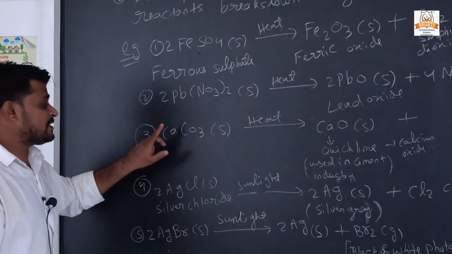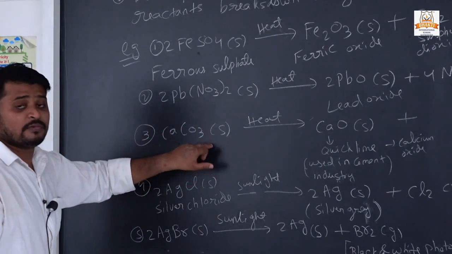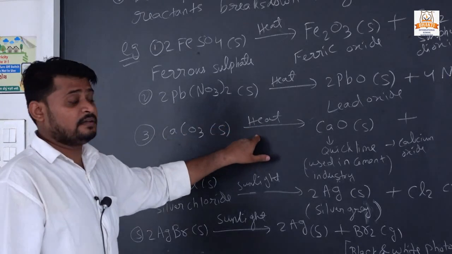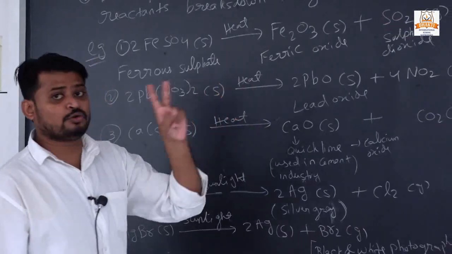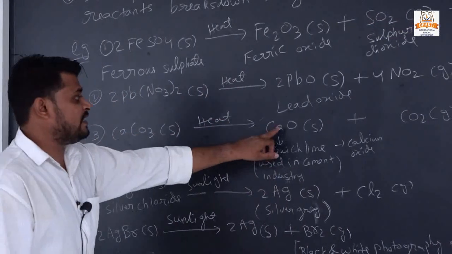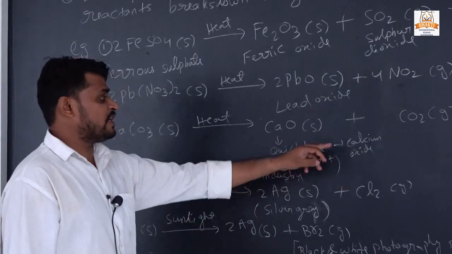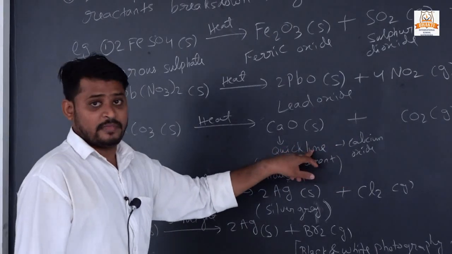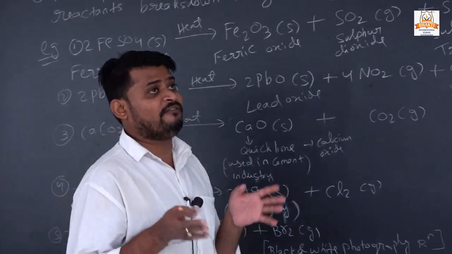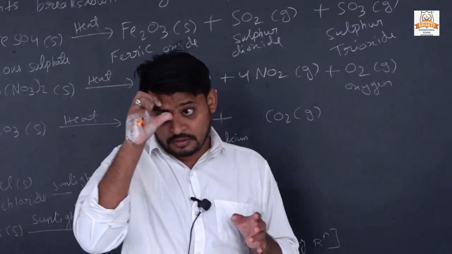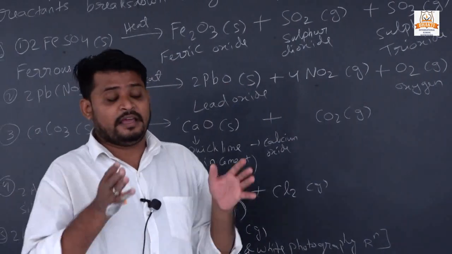The third example is CaCO3. It is also in a solid form. If we provide heat to that compound, it will break down into two simpler products. CaO, that is calcium oxide, another name for which is quicklime, and it is used in the cement industry and at our home. When we build our house and plaster the wall, we add quicklime, calcium oxide, to the cement.